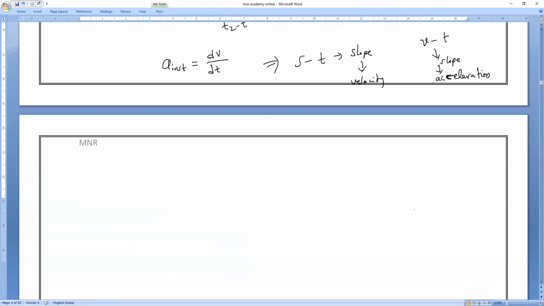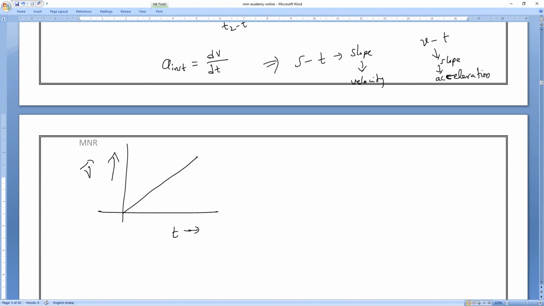Same thing again. Now, if it is uniform acceleration, what will the graph be? A straight line. Here velocity is in meter per second and time is in seconds. So everywhere the slope remains constant or varies? It remains constant.